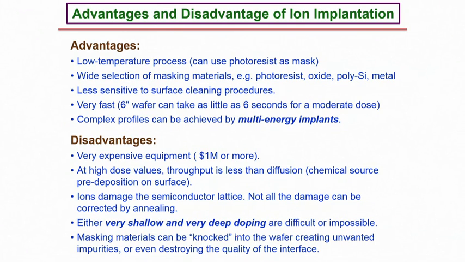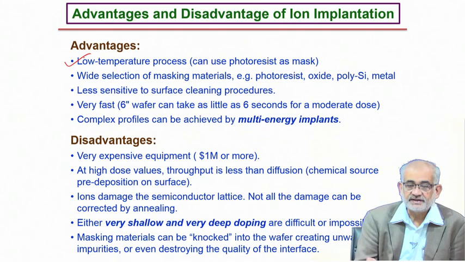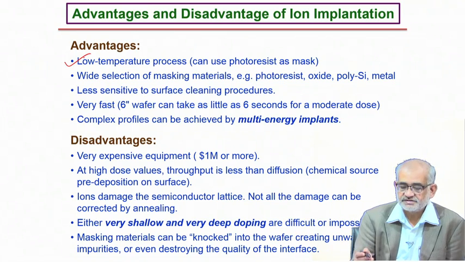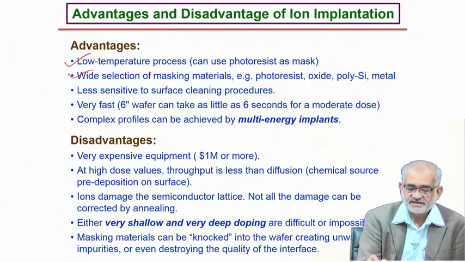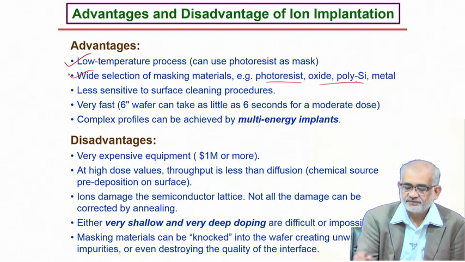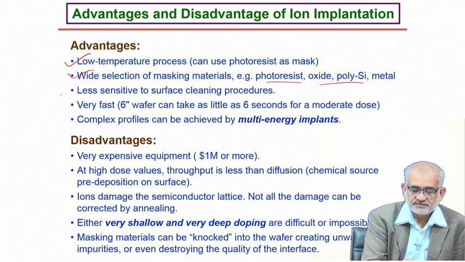So let's list out the main advantages. It's a low temperature, room temperature process. So obviously you can use any kind of simple photoresist mask for avoiding diffusion onto the surface in the regions where you don't want it. You have a wide selection of masking materials. It's less sensitive to surface cleaning procedures.